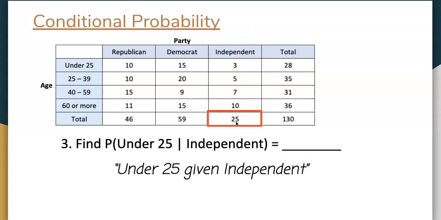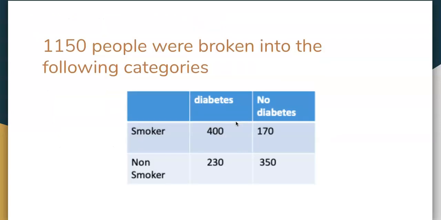And how many out of those 25 were under 25? 3 were. Therefore, that probability is going to be 3 out of 25. Okay? All right, now this one, we're doing something a little different, but still, I want to keep on reviewing this conditional probability just because that notation looks just a little different. But now let's take a look.